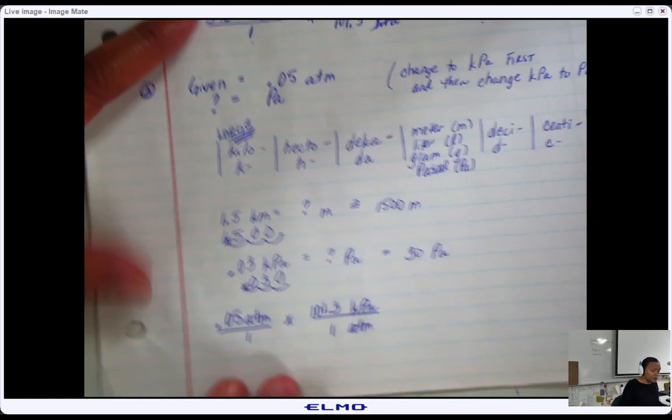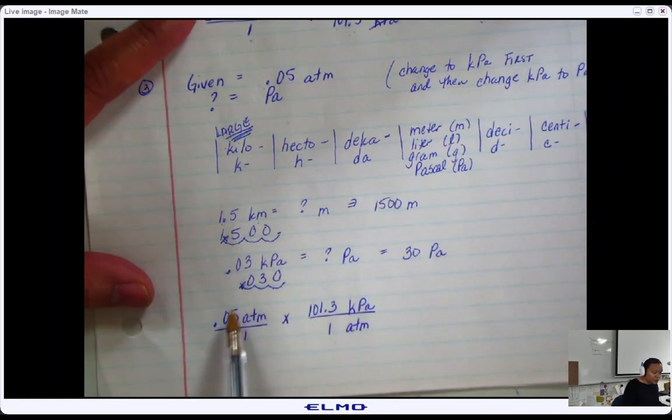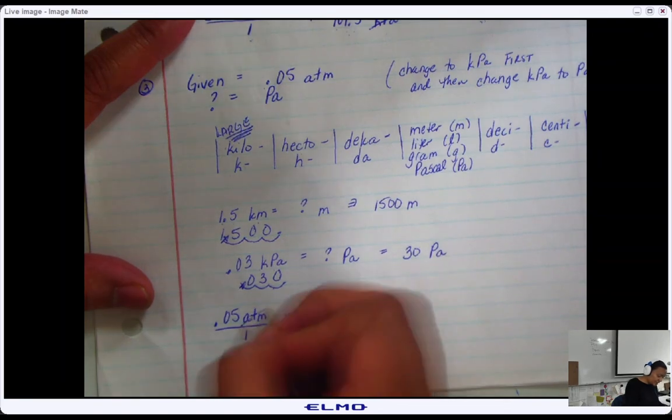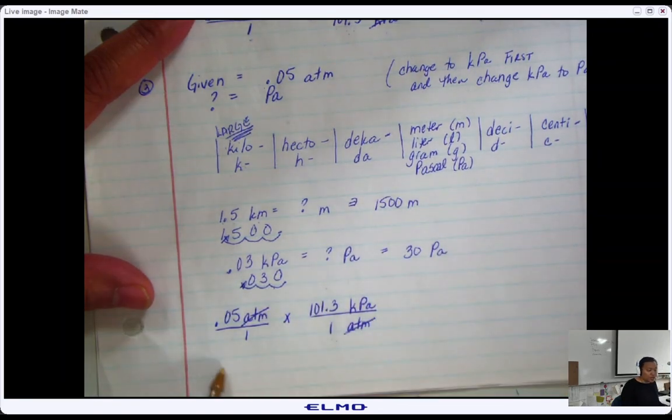All right. Multiply everything on top. Well, let's cancel out the units first. atm on top, atm on the bottom. We can cancel that out. And then we have 0.05 times 101.3. Multiply everything on top together.